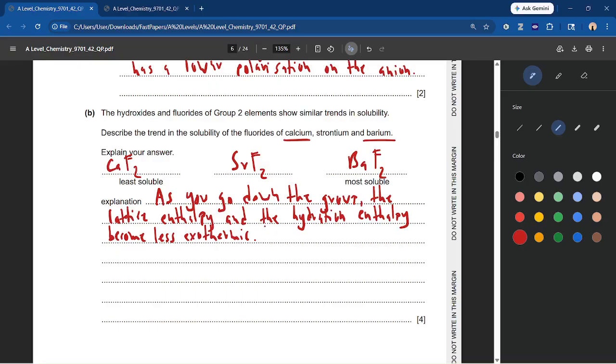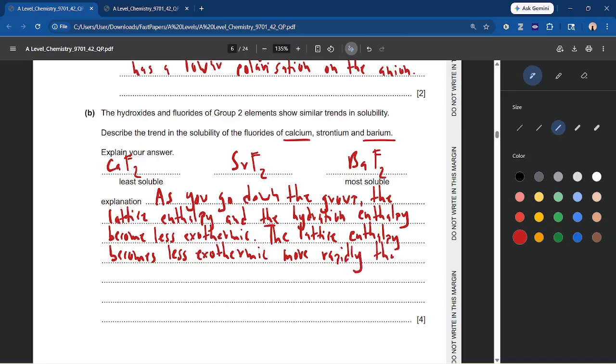So you're going to have to mention that the lattice enthalpy becomes less exothermic more rapidly than the hydration enthalpy.